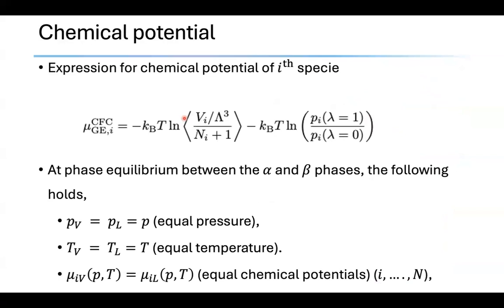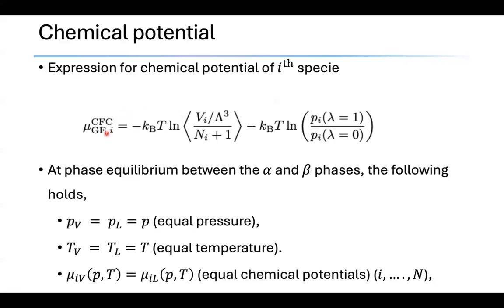As I said, to characterize phase equilibrium, the most important thing is to determine the chemical potential of the ith species. The chemical potential of any component in the liquid and the vapor phase, or in the alpha and the beta phase, should be identical. And if this happens for all the components in the system, then you've truly reached equilibrium.